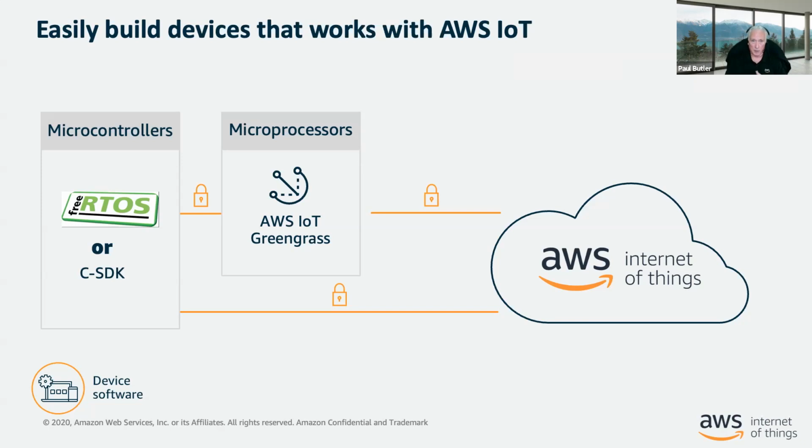Greengrass is another one of the services AWS offers. It's edge software that runs on a Linux class device, and it allows you to even do some analytics or aggregation of data at the edge. You can even extend some of your Lambda functions to run out at the edge as well.